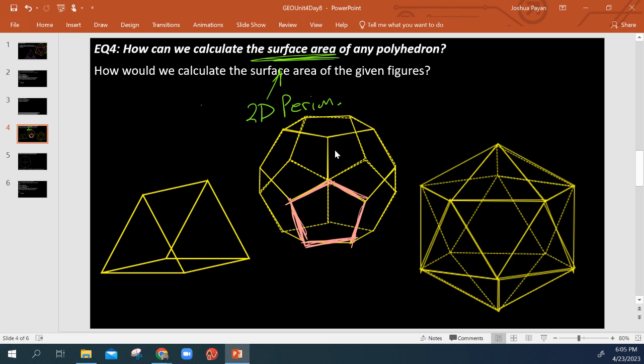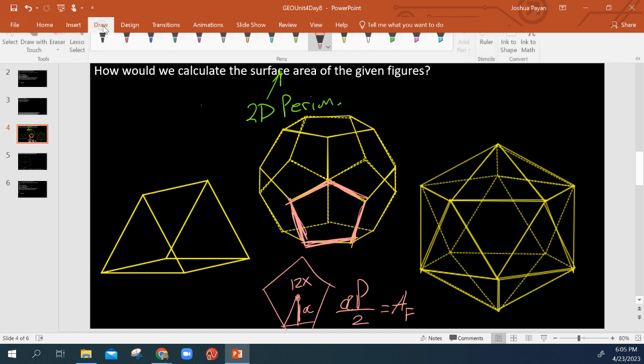So if we just calculate the area of one of these, and we've been over this a million times, the area of a regular polygon, in this case a regular pentagon, all we would have to do is find this apothem, multiply by the perimeter, divide by 2. That's the area of one of our faces. And then we know that there's going to be 12 of those, and then we're good.